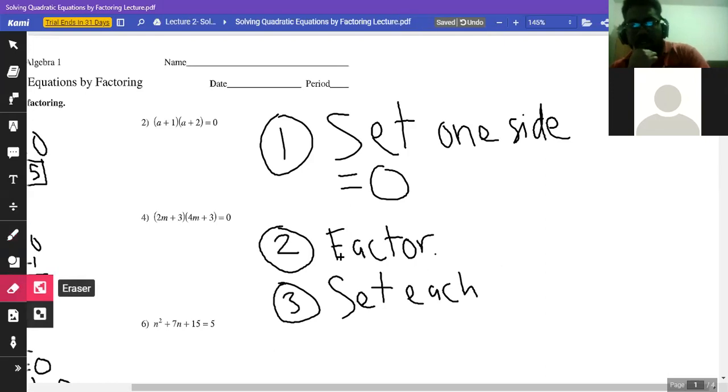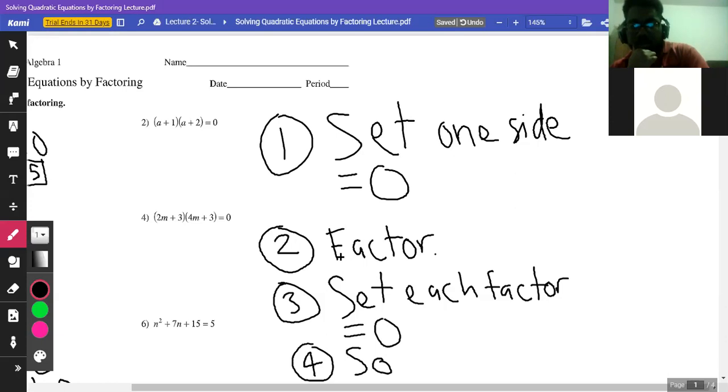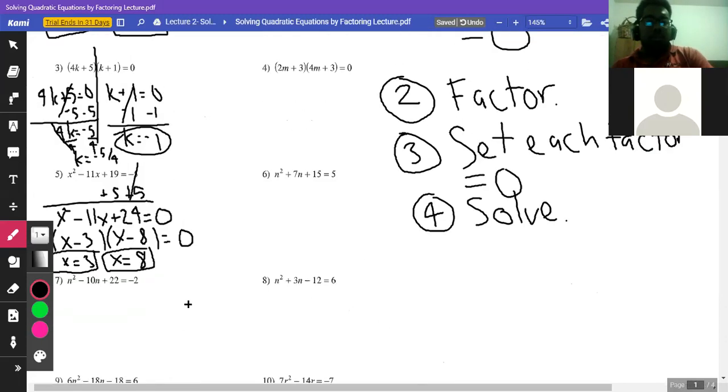This keyboard doesn't like me today. And solve. That's really all there is to it.